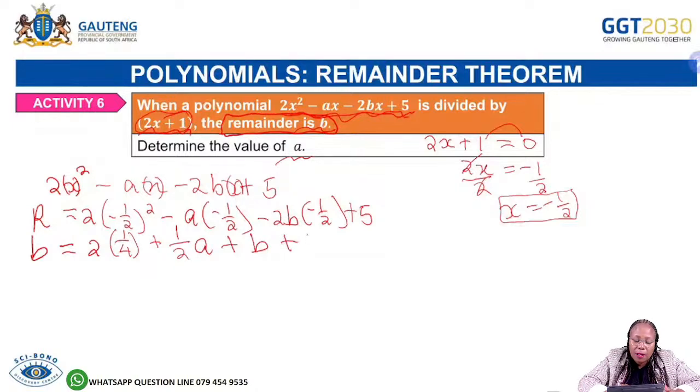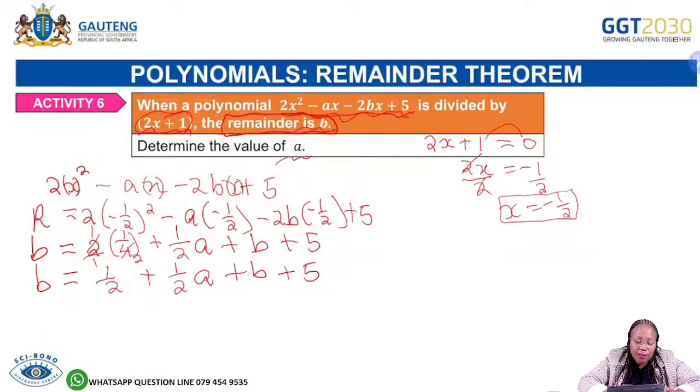Plus 5. Continue, and then 2 goes once there and then twice there, so we are left with half here. You can even use your calculator to testify that. That is half a. Remember you have b for the remainder there, plus b plus 5.